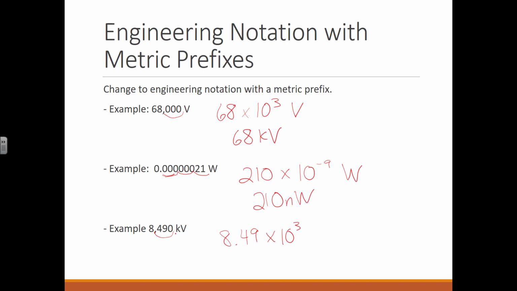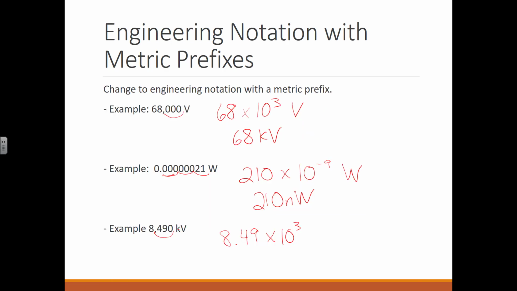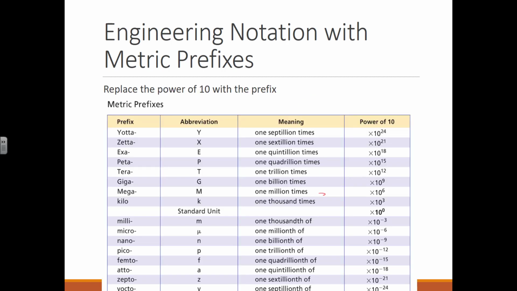So this kilo already there, let's look back. Kilo was times 10 to the third. So instead of this k, I'm going to replace that with times 10 to the third. Got my volts. Now I can put these together as times 10 to the 6. So bring this down, 8.49 times 10 to the 6 volts. And then times 10 to the 6 is mega.